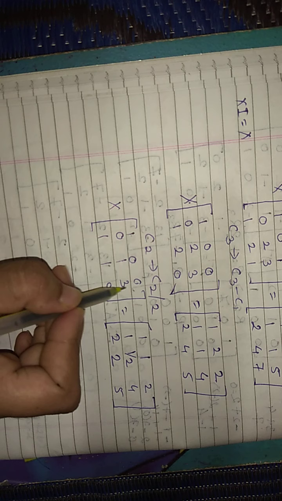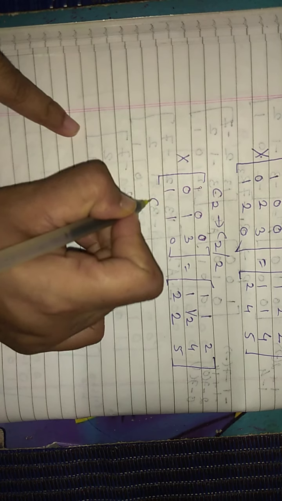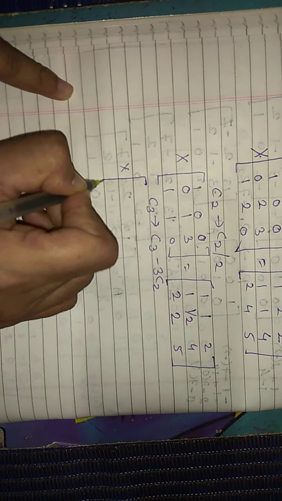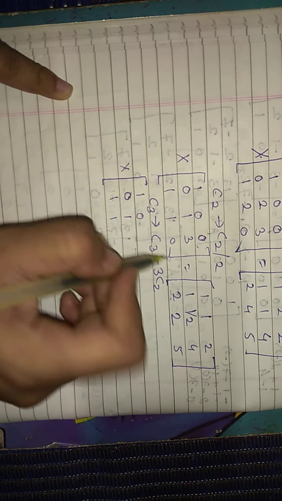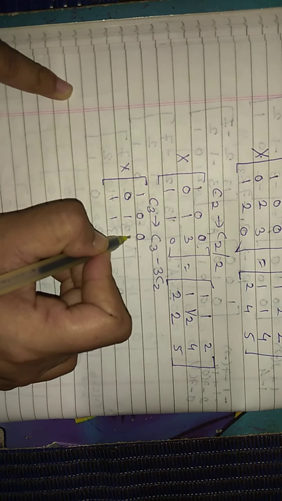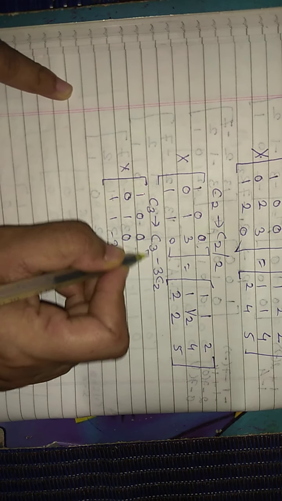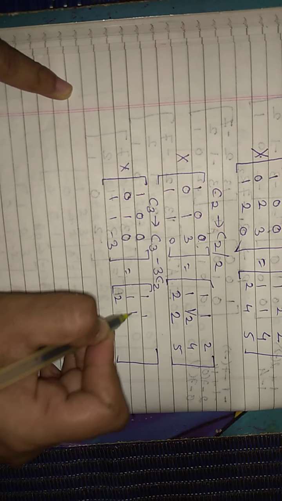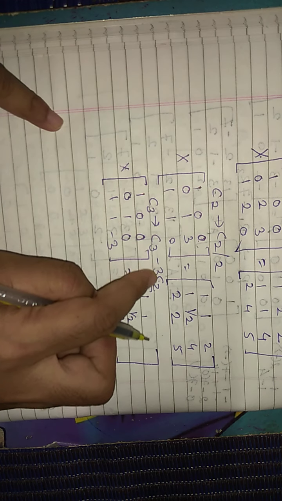The next step: 3 converts to 0. Now we have to convert this 3, which is present in C3. So C3 is equal to C3 minus 3 times C2. So X is equal to: first column keep it as it is, second column keep it as it is, and the third column we have to change: 0, 0, 0 minus 3 into 1, which is minus 3. Same steps we follow here: 1 1 2, 1 1 upon 2 2, and put 2 minus 3 into 1.